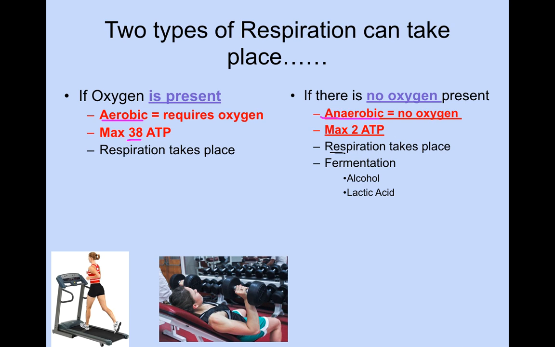You know that term as well. And the max ATP it can make is only 2 ATP. So in both cases, respiration takes place. But in an anaerobic condition, we also have fermentation that can take place, which is the production of alcohol or lactic acid. And we'll talk about that a lot more later on.